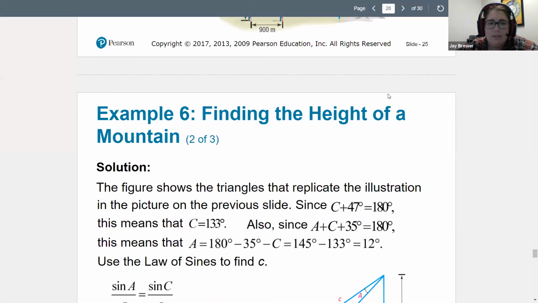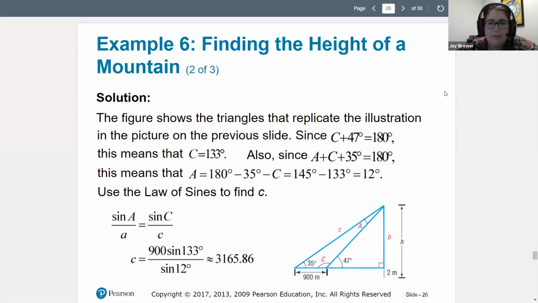Okay, so let's take a look at the solution. So since we have the given triangle there, we're going to use law of sines. Okay, so sine A over a equals sine C over c.